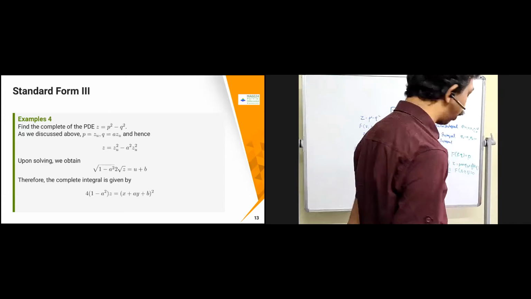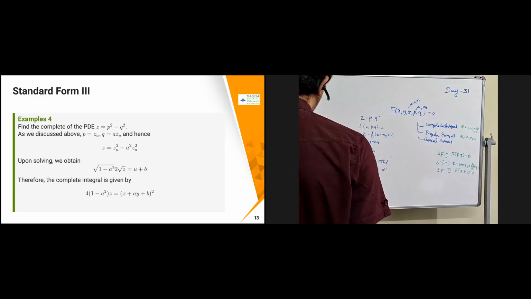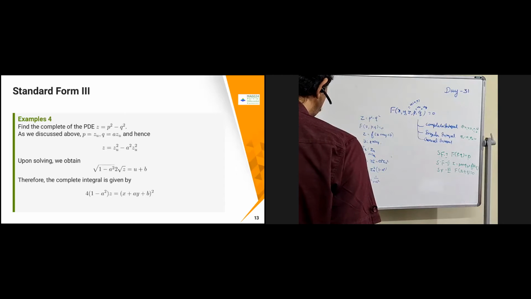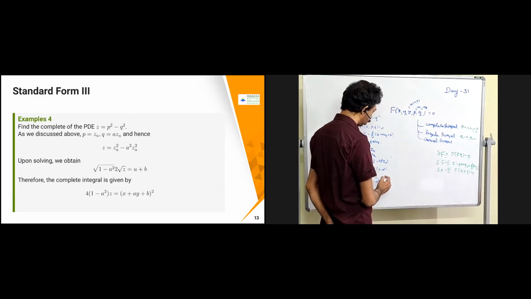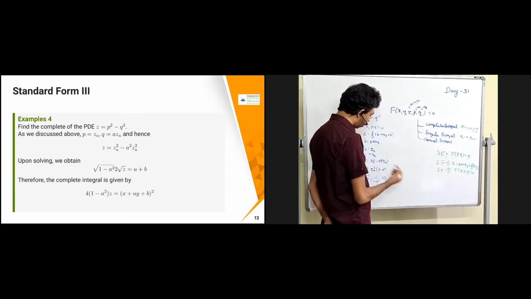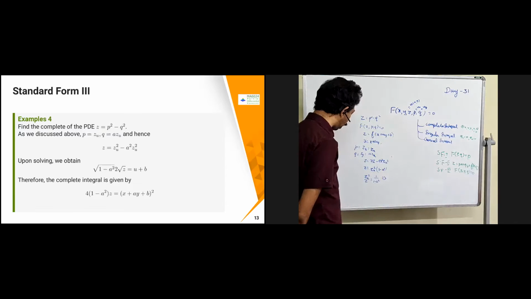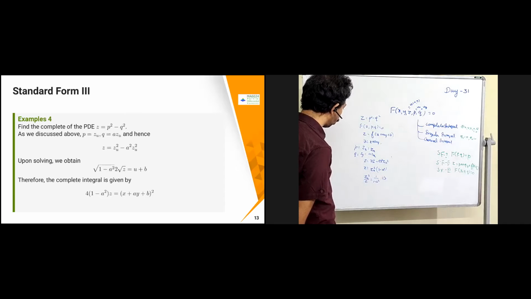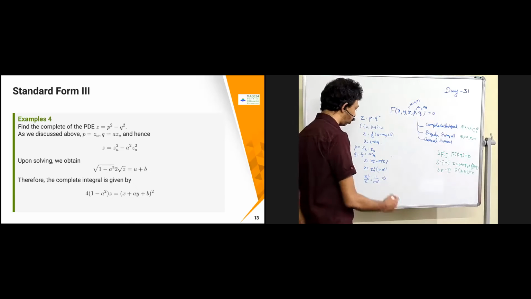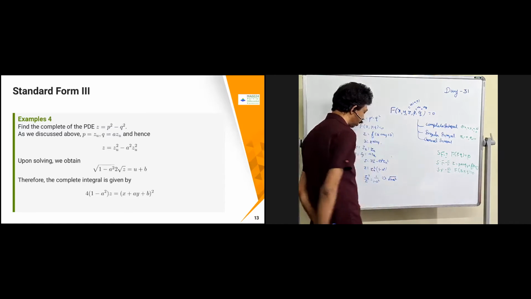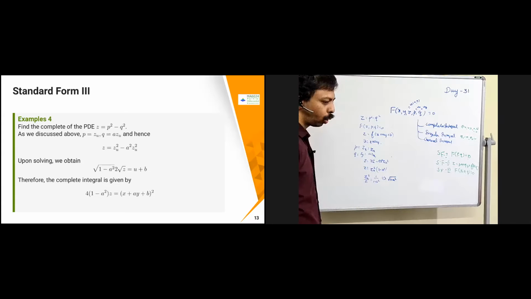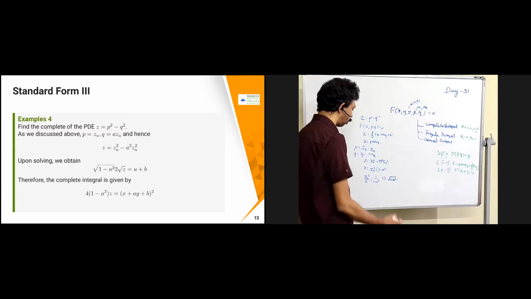Once you solve this, you are going to get this equation. This is a simple non-linear problem: z_u squared equal to 1 by 1 minus a squared. Once you solve this problem, you are going to get something like square root of 1 minus a squared, 2 times square root of z.